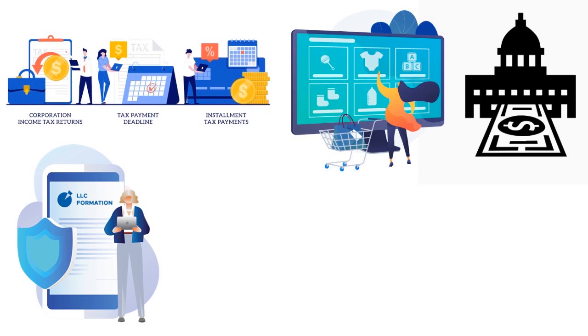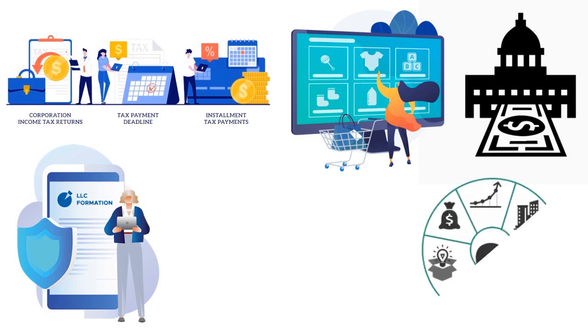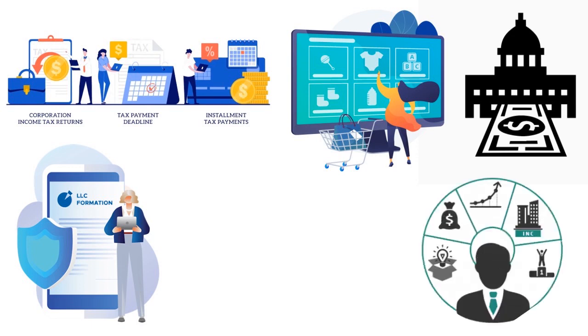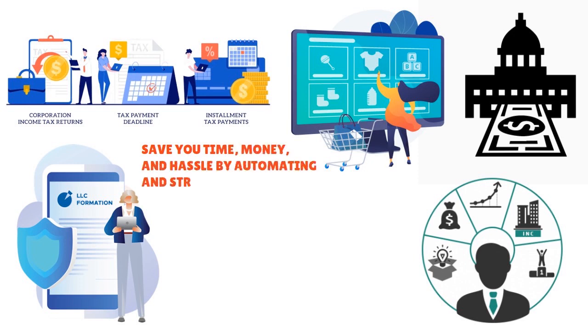You can also file your Form 1120S if you're an S corporation, or Form 1120 if you're a C corporation. But if you want to remain a solopreneur, filing as an individual, you can just file your Form 1040. So basically, through invoicing software, you are able to save time, money, and hassle, okay?